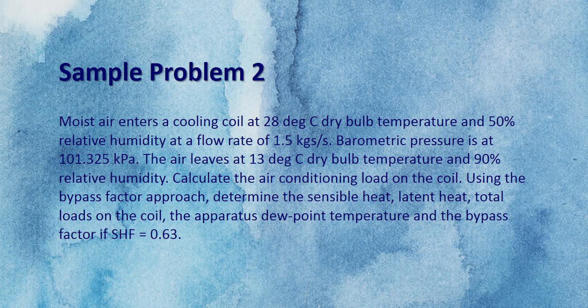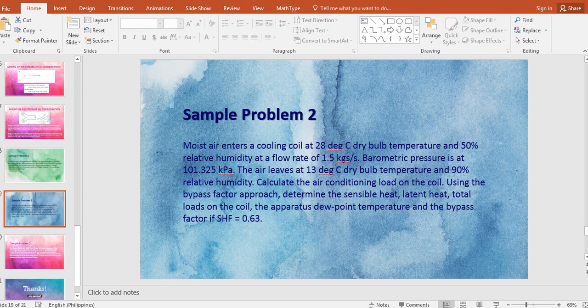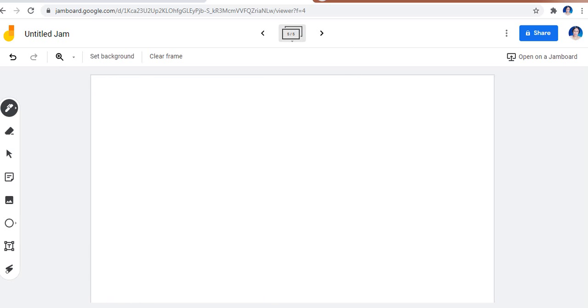So meaning for this last statement, you're going to determine all of this if the sensible heat factor is equal to 0.63. So this is our sample problem number 2. Let's go to our board.